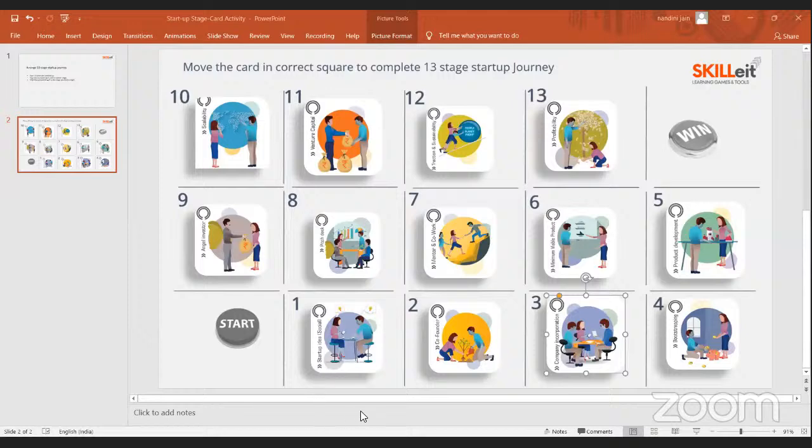Yes. So yeah, ma'am, first we have put the startup idea and then the co-founder, with whom we have to start the business, and after that we have put the company incorporation. After that, the investment. After that, the product development, the type of product we want to go for, so that we can reach the mass consumers.